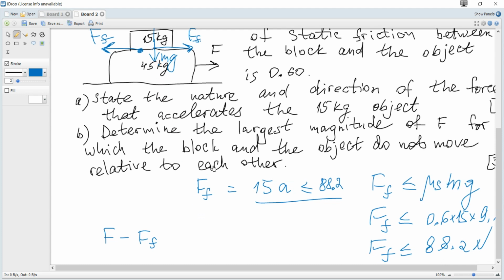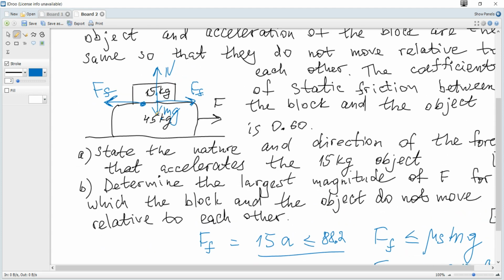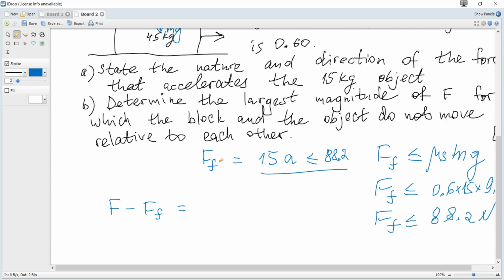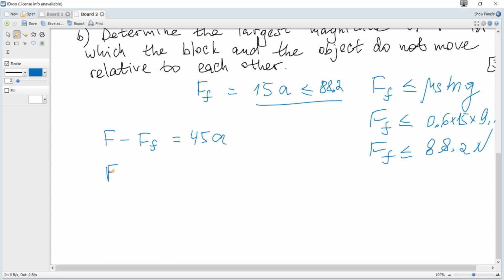Components of mg and the normal reaction also are zeros, and there may be some additional force from the 15 kilogram object, but its component is also zero, and this is equal to 45a. It's just Newton's second law. And we need F, so F becomes F frictional plus 45a, and from this we can substitute for a.